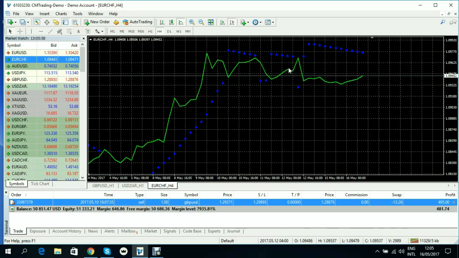So to be able to avoid fake breakouts like these ones, never try to trade the parabolic this way.